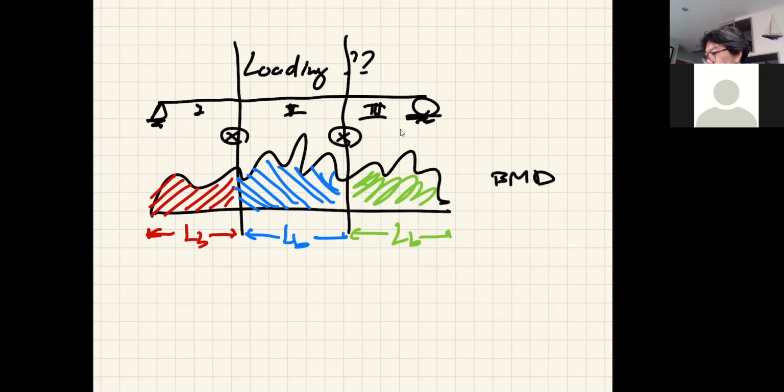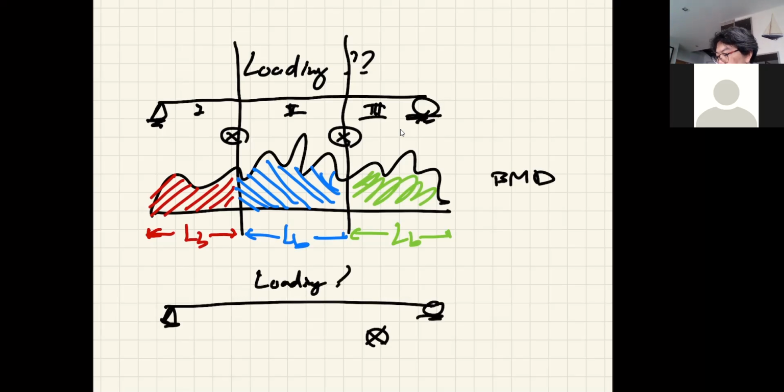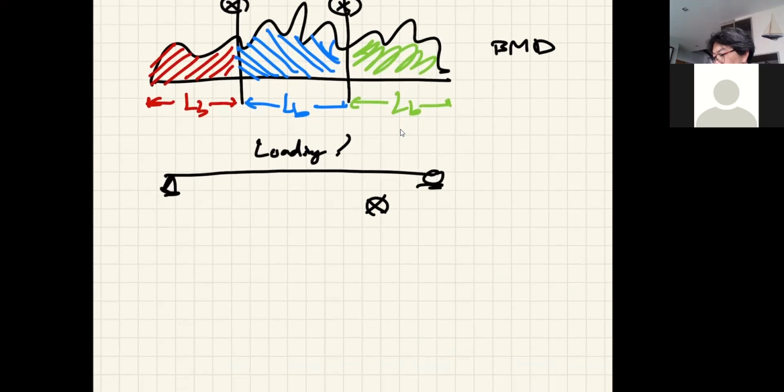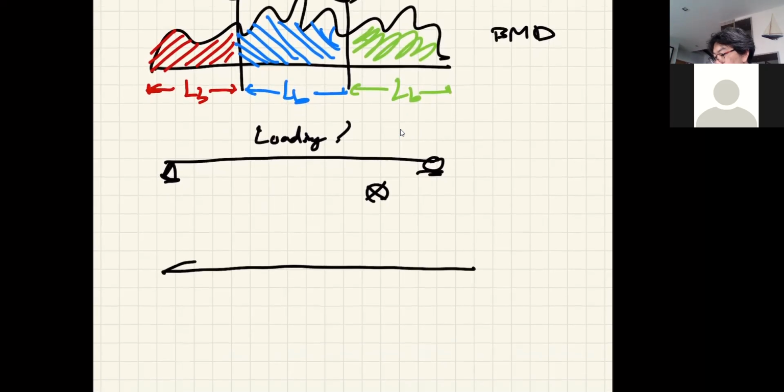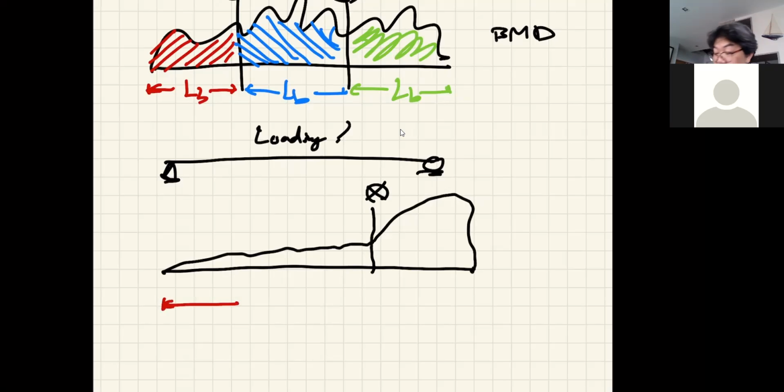I can draw another case where it's more, say, severe. Let's say if this is your beam, and then this is one brace point here. Loading, we don't know. And then we have the bending moment diagram. Let's say this can be very small, and then, whoa, we have a big bending moment diagram here, right? And then that becomes your brace point. I'm doing this so that you cannot guesstimate which is going to be your more critical case.